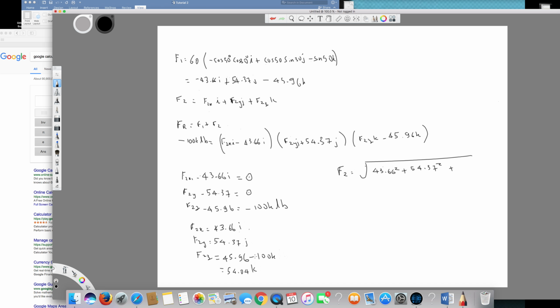Since all of them are plus, but this one would be minus, if I square it, it's going to be a plus, so the sign is not very important. Let's see what happens.